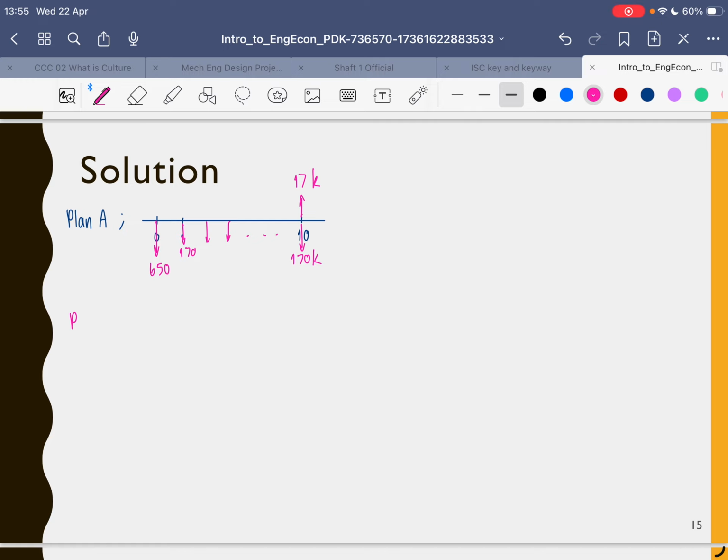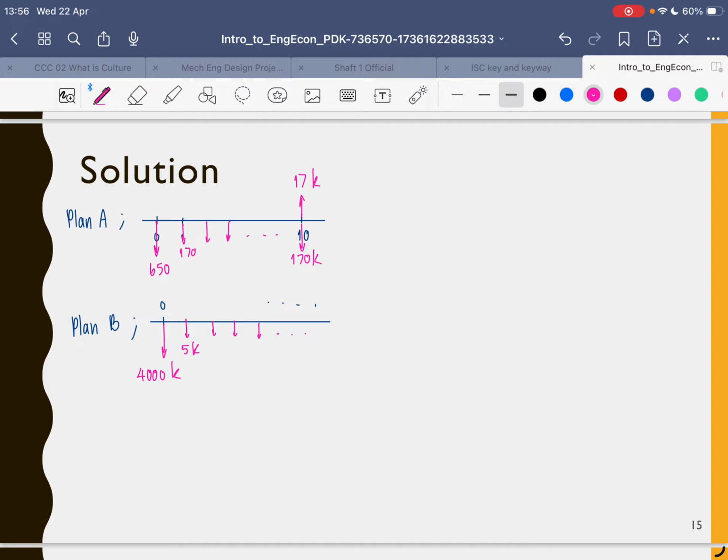Plan B, you have a permanent useful life. The initial investment is 4 million, so this is 4,000K, and the AOC is 5K.